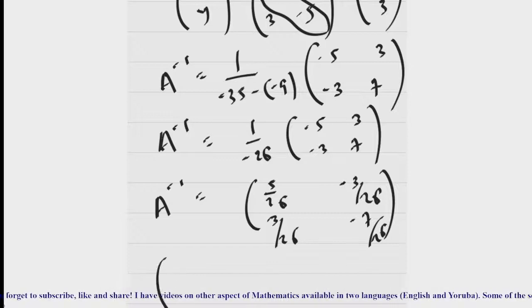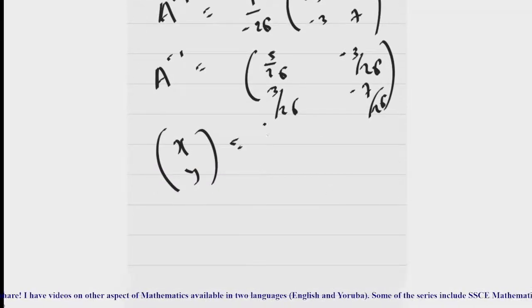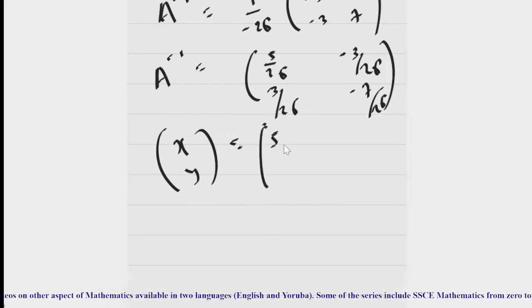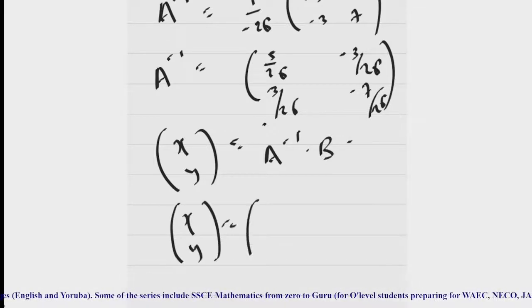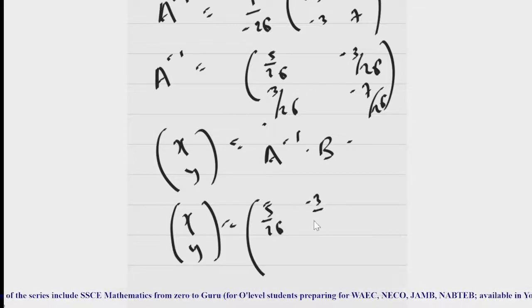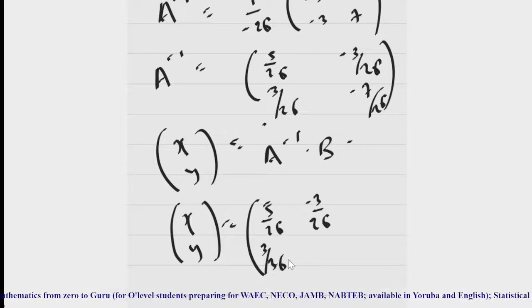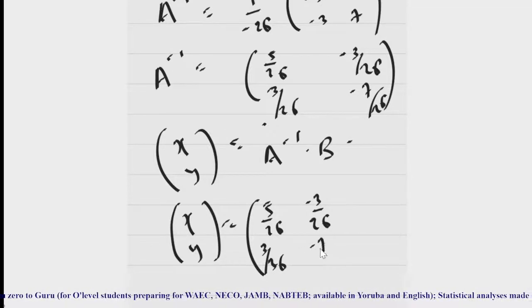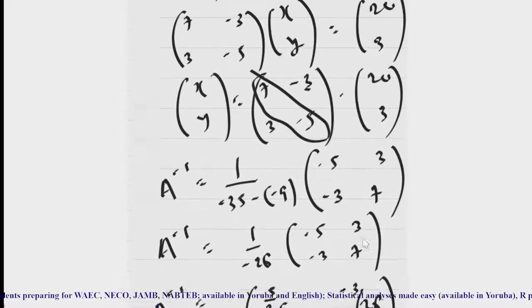So therefore, your x, y will now be what? You are going to multiply the inverse. But let me rewrite it again. A inverse multiplied by B, right? Then you are going to have x, y. Our A inverse is 5/26, minus 3/26, 3/26, minus 7/26, then multiply by, what is our B?